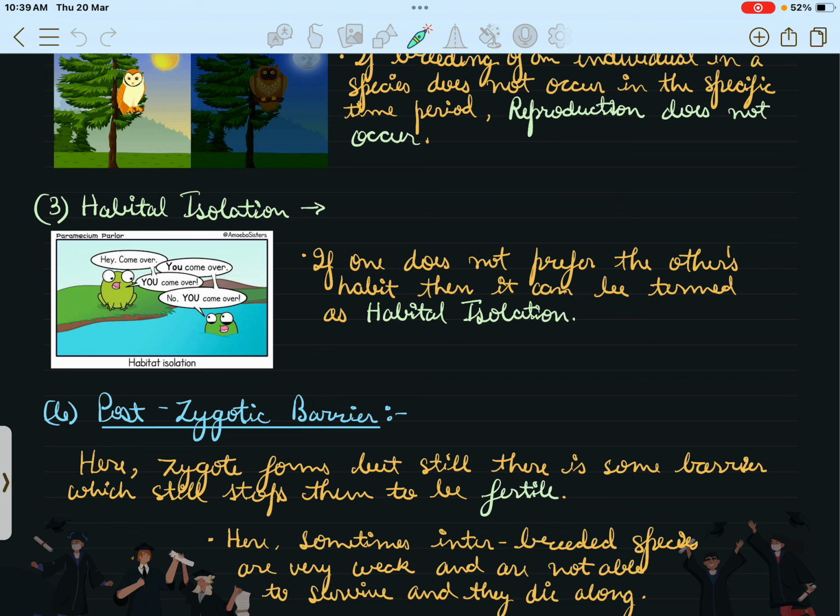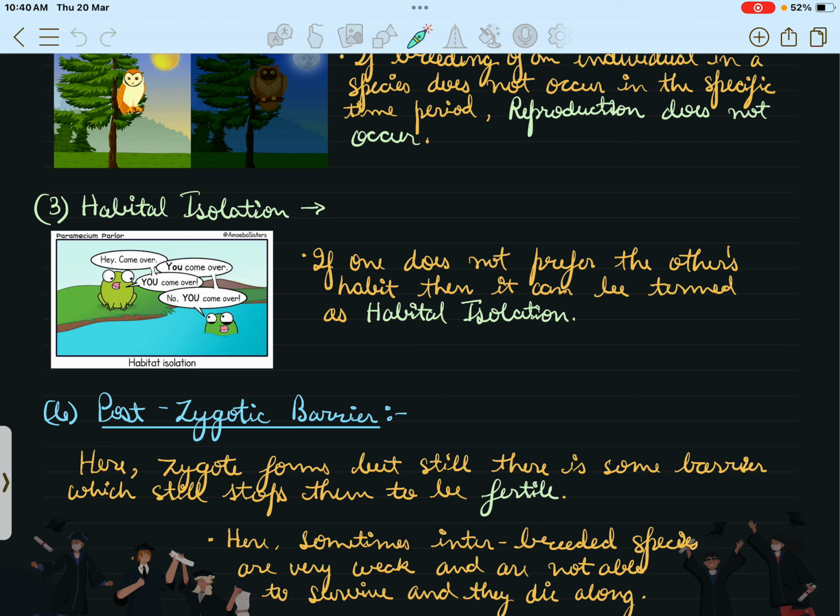Because of this difference between the two organisms in one species, there is some sort of reproductive isolation, because of which the water-based frog tries to mate with the other water-based frog and the terrestrial frog tries to breed with the other terrestrial frog.